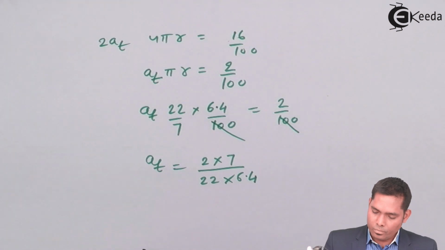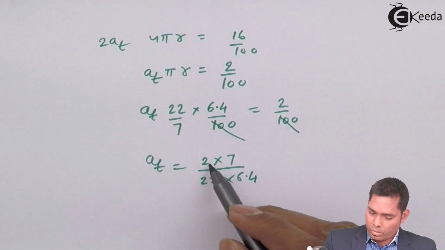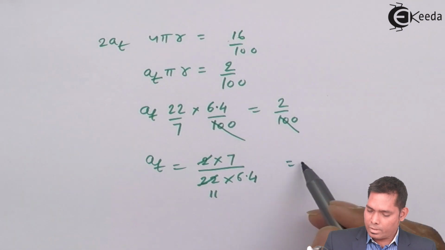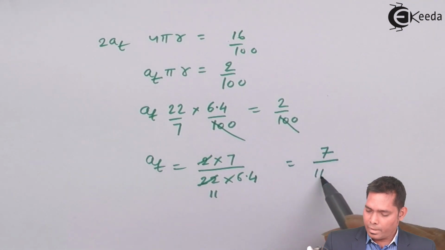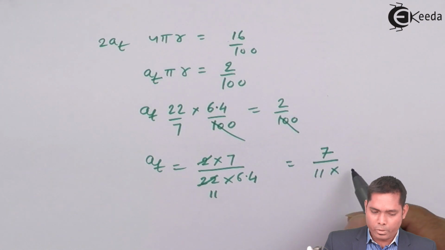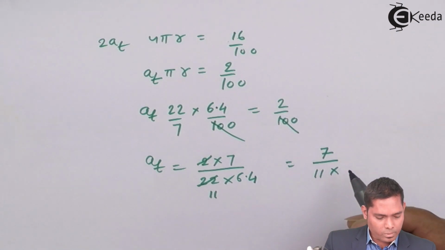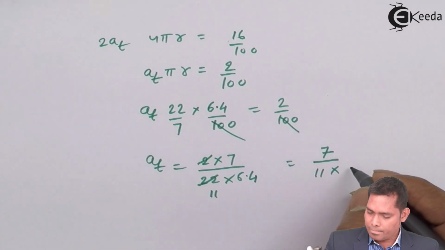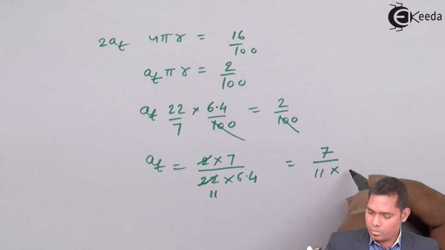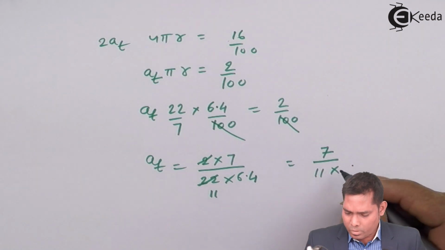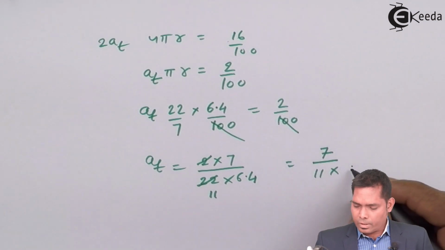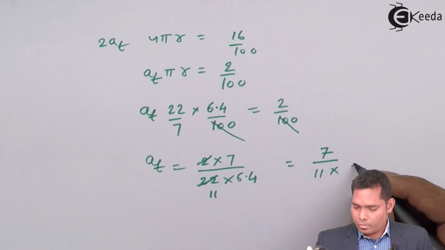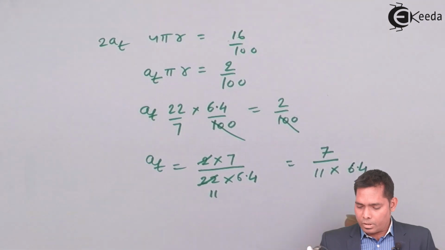Now this will be 11, and this is 7 divided by 11 into 6.4. Just let me first solve this.